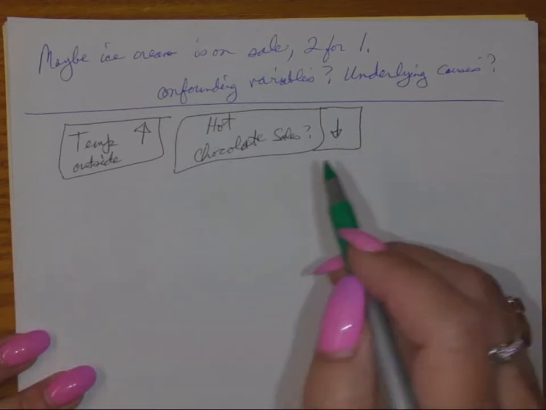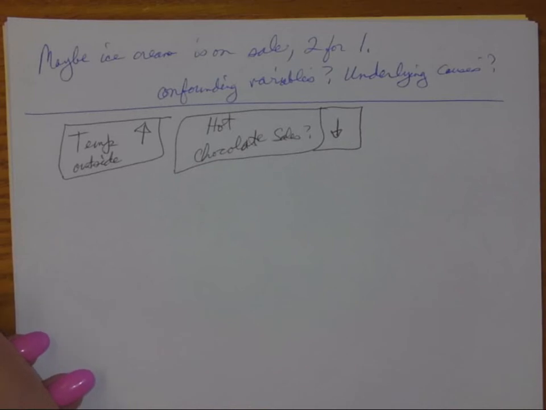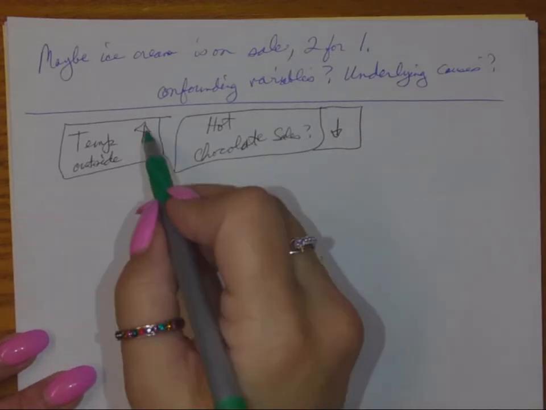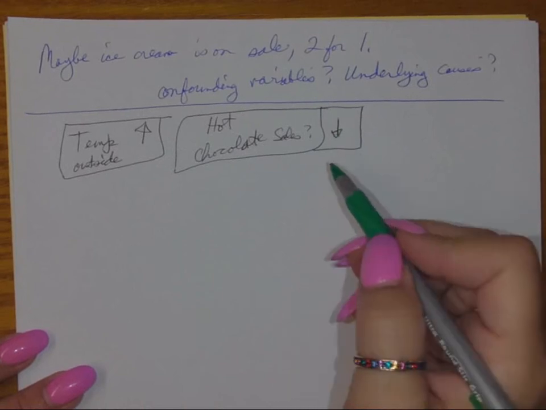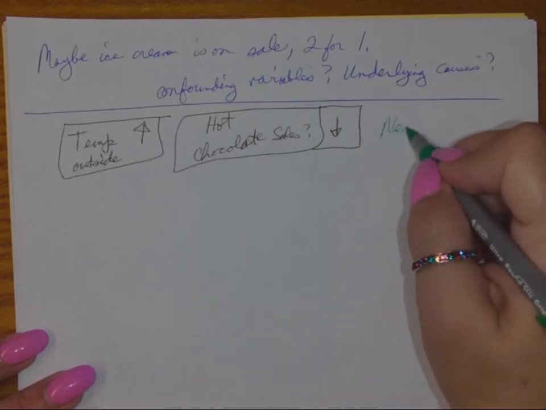This is not true for, say, your morning coffee. If you drink coffee every single morning, it doesn't matter. Some people might switch to iced coffee, but Starbucks is probably not in trouble, even if it's summertime in Texas. So what about that? One's up, one's down. Negative correlation.